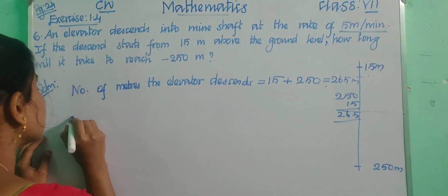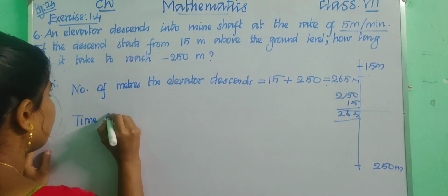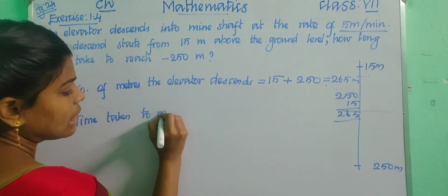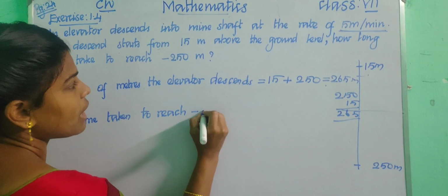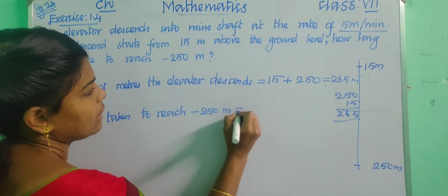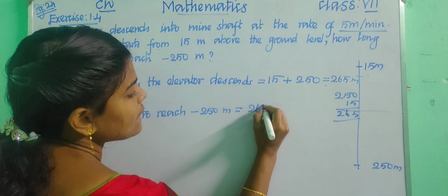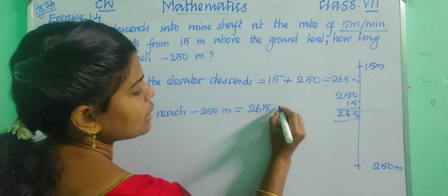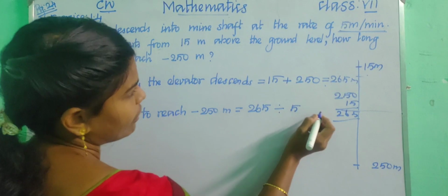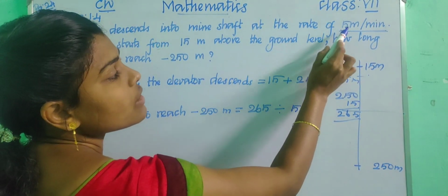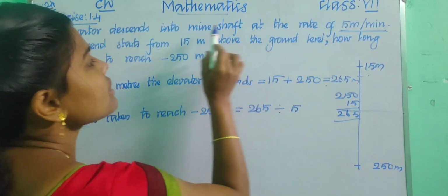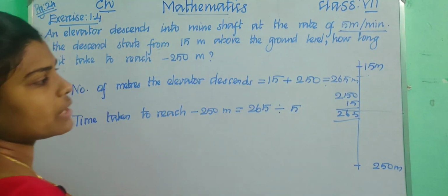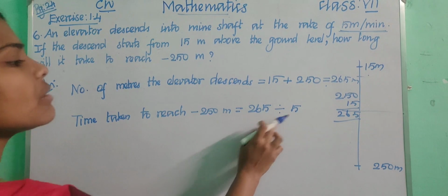So we can write time taken to reach minus 250 meter equal to 265. Okay, we got 265 meter, right? 265 divided by 5. We already know the mine shaft descends at the rate of 5 meter per minute, right? So that we are dividing by 5.